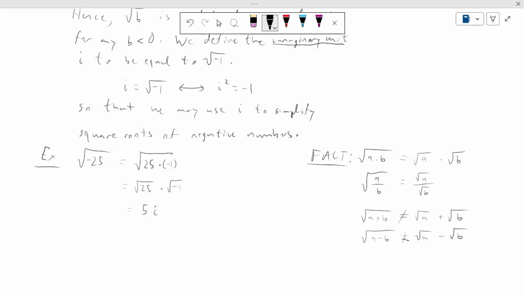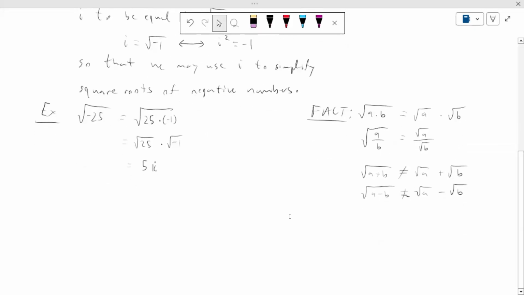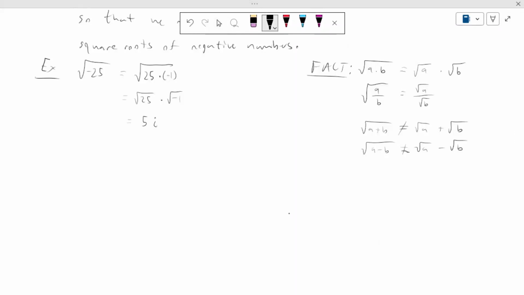Any questions on that? Any questions at all on that? Okay, all right, good. So now that I have how we're going to be using this i here, let's do another definition. The set of all numbers of the form a plus bi, for some real numbers a and b.